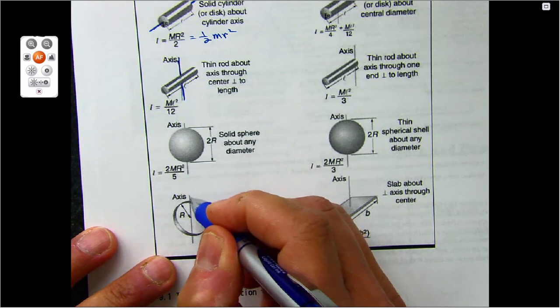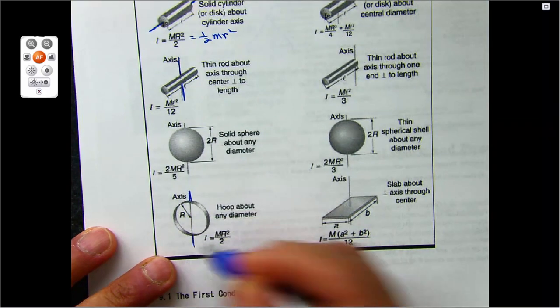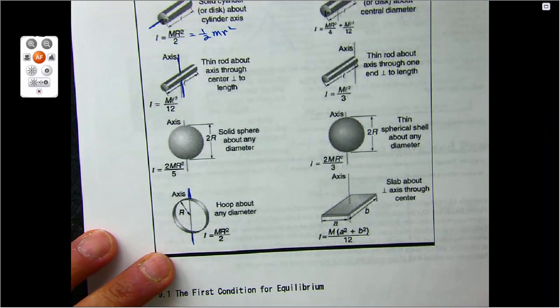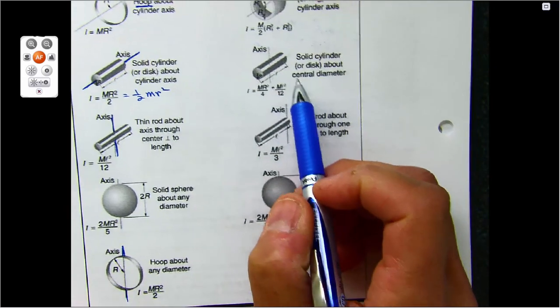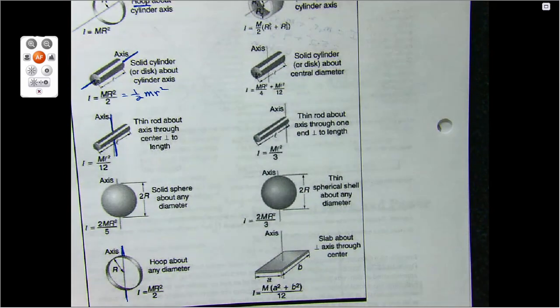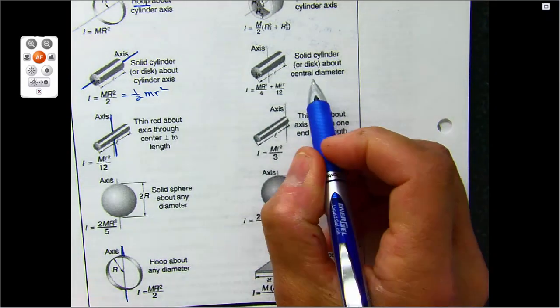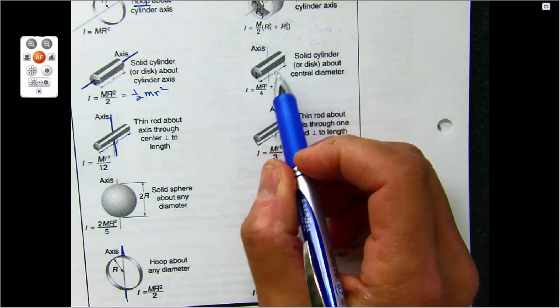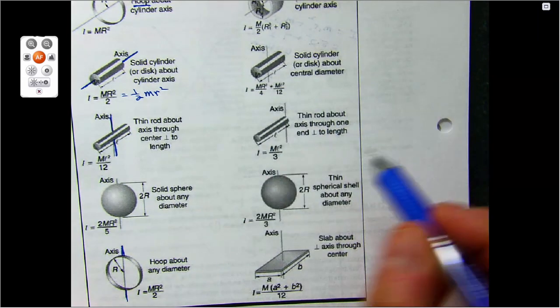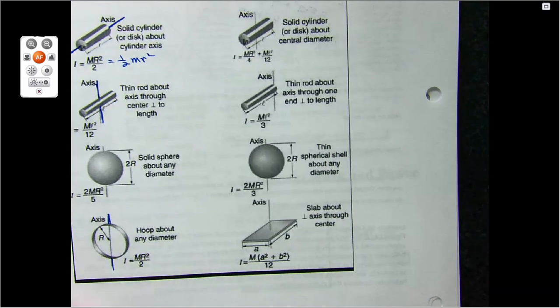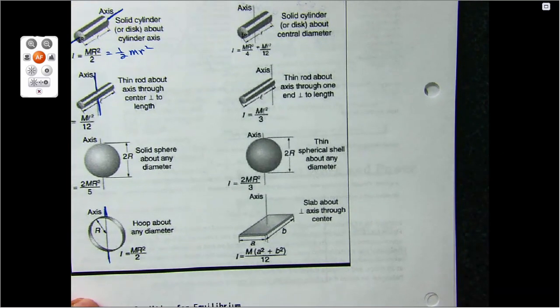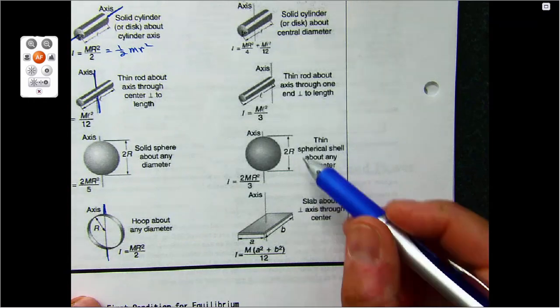So you could have a hoop going this way. That's just a goofy one. You have a solid cylinder about the central diameter, and a thin rod about one end on the axis, and a spherical shell and so on.